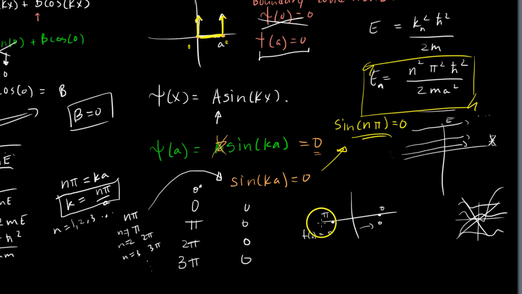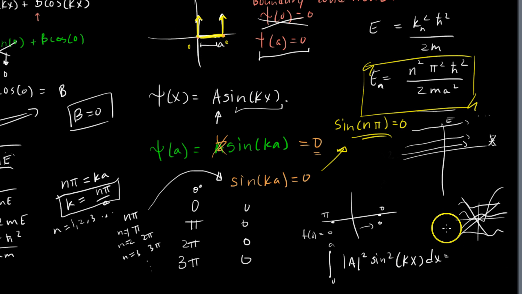If we want to normalize this wave function, we do the normalization: A squared, which is our normalization constant, times sine squared of kx, because we had that kx over here, remember, and then dx. If you do that integration from 0 to a, because we're only worried about where the wave function is defined, that's going to be equal to 1, which we know from our normalization conditions.